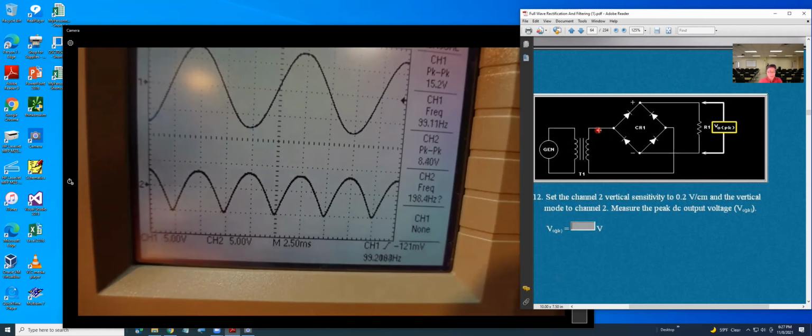For the positive part of the signal, if you can say together, D1, then D2, D3, D4.